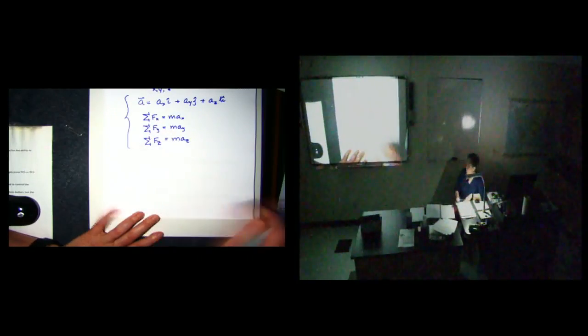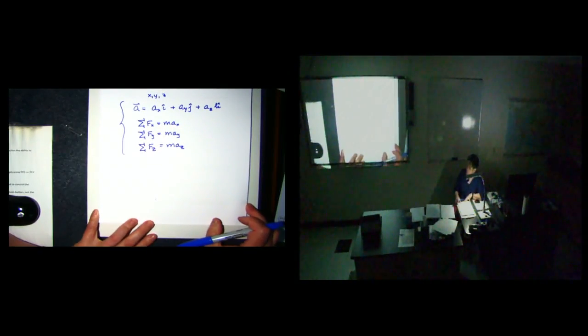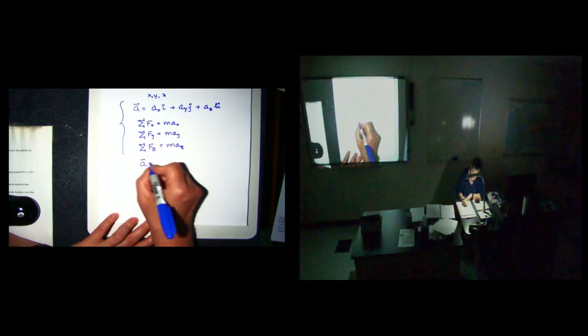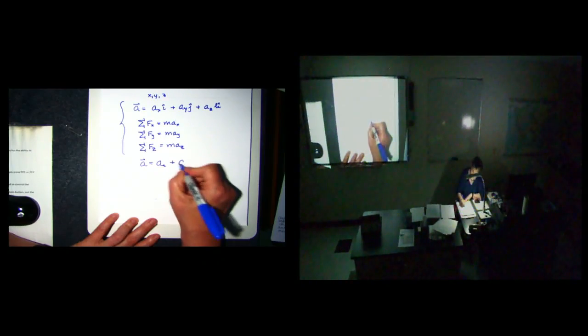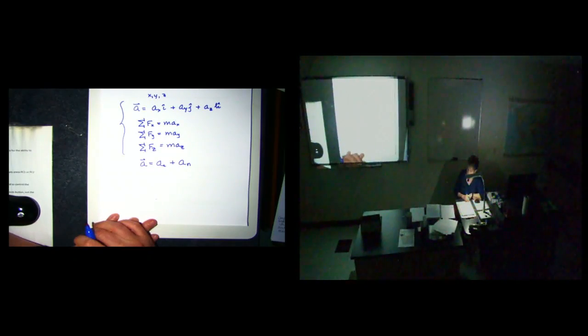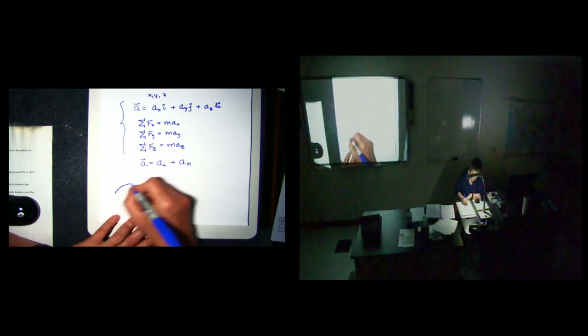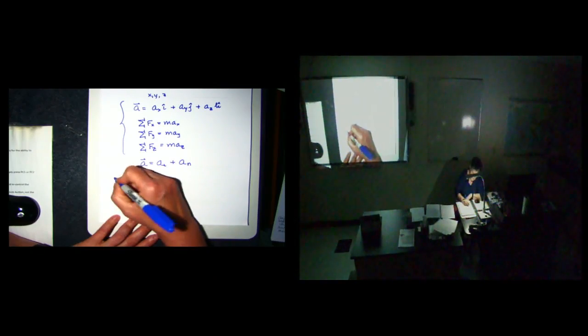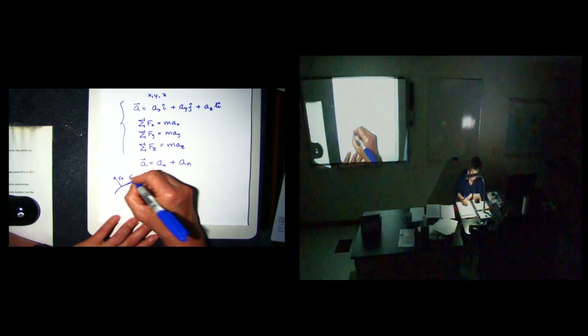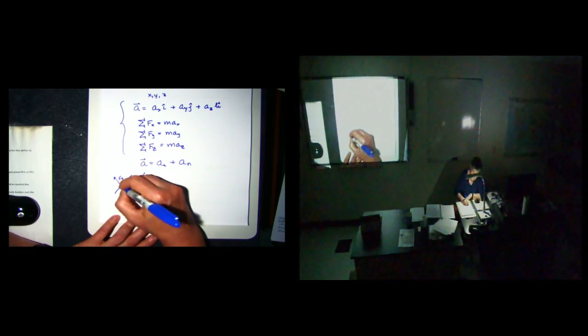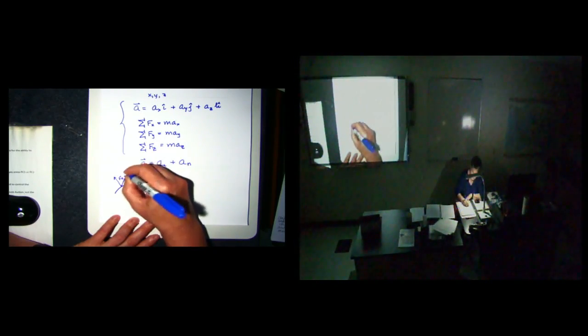And what happens is my sum of my forces is going to look like this. I'm going to have the sum of the forces in the unit vector that's tangential, here, that's the normal, plus the sum of the forces in the unit vector that's in the binormal direction. And that's all going to equal the mass times my acceleration in the tangential plus my mass times acceleration in the normal direction.